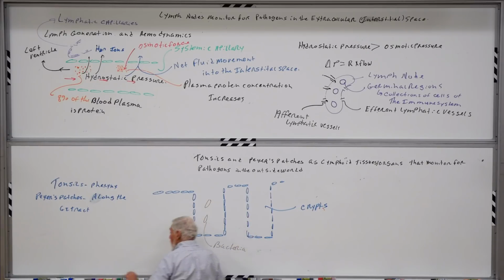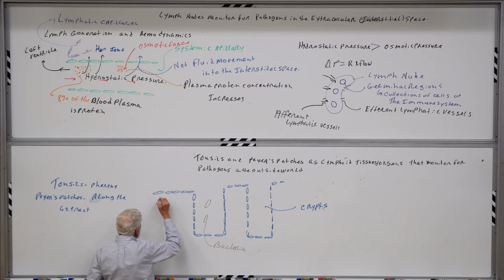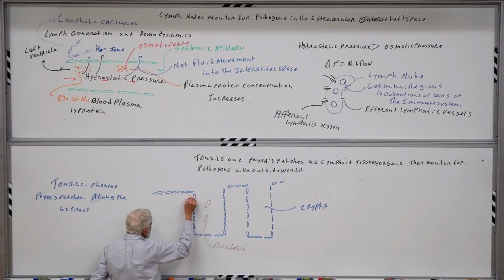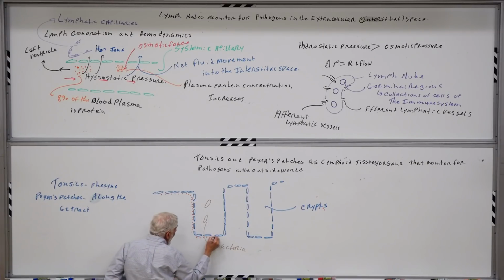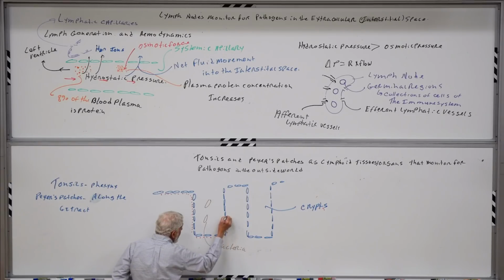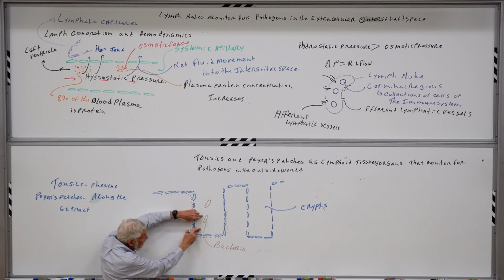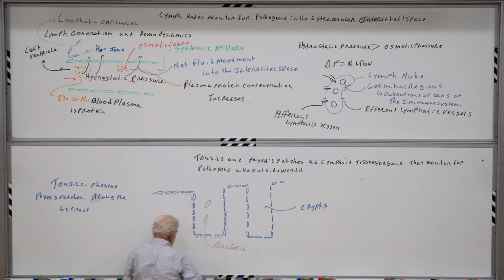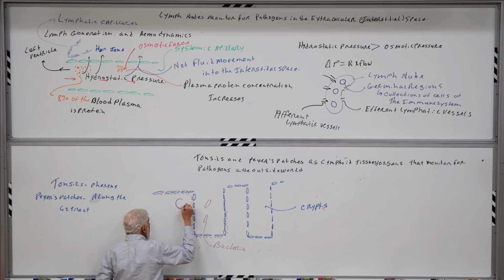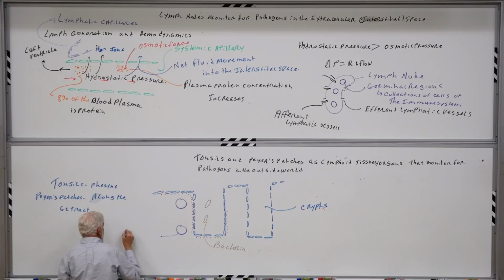And of course, because this is an epithelium, it sits on a basal lamina. So the apical surface of these epithelial cells are facing the bacteria. Then down here on the basilar side will again be germinal regions.